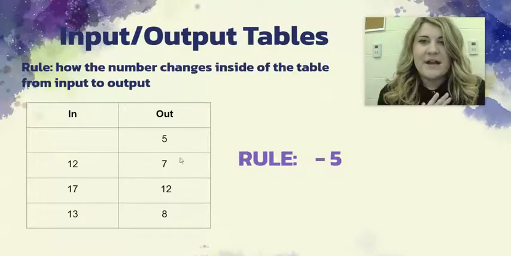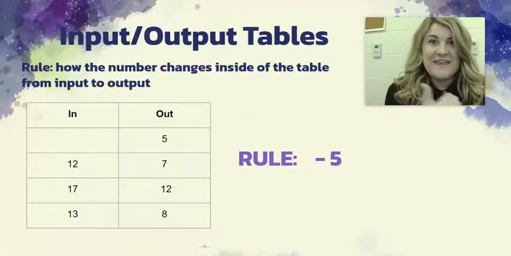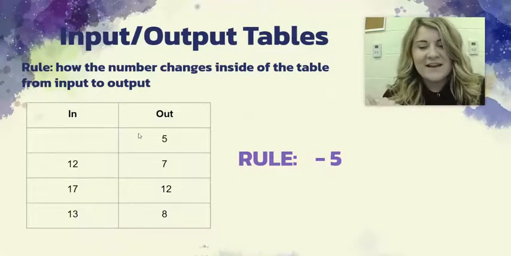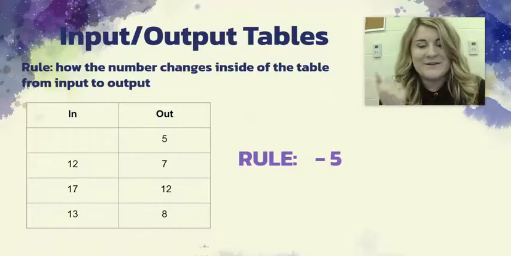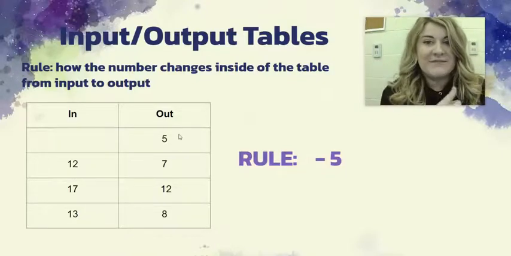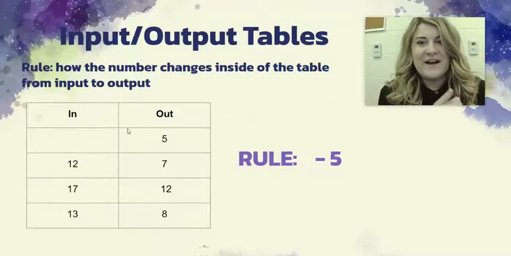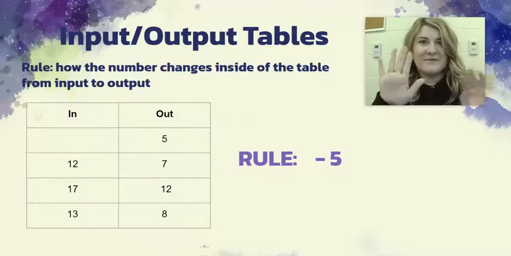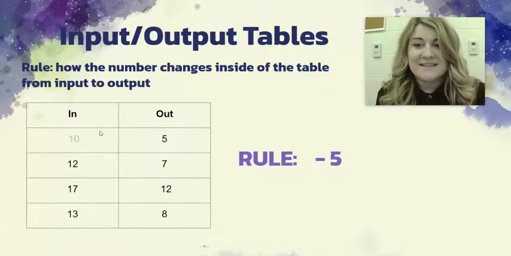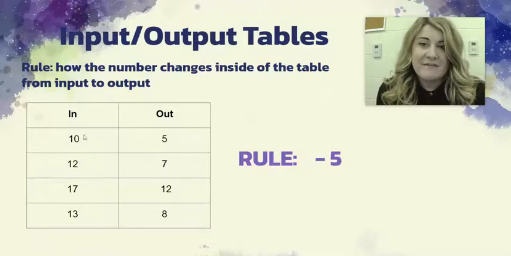So now we have the out, and we have minus 5 as the rule here. But since we're going backwards through the machine, we're trying to find the in. Whenever you're finding the in, you have to do the rule backwards. So we're going to do not minus 5, but 5 plus 5. 5 plus 5 is 10. So it went in as a 10 and came out as a 5 because the rule minus 5 happened to the 10, but we didn't have this information.